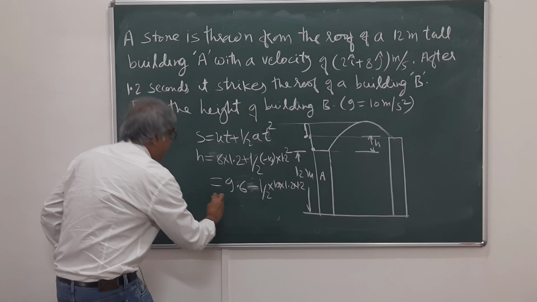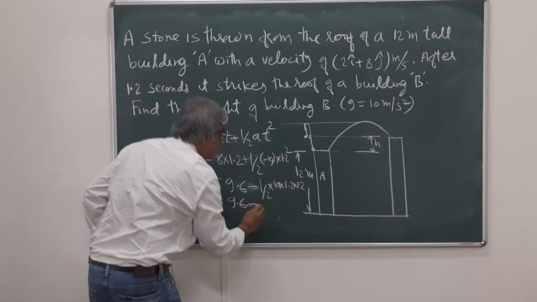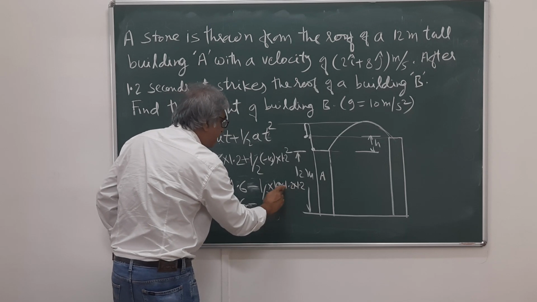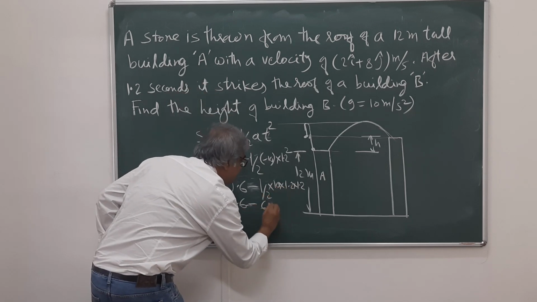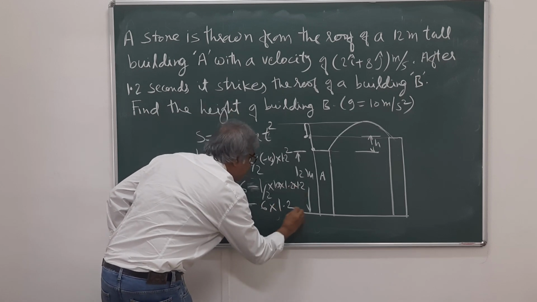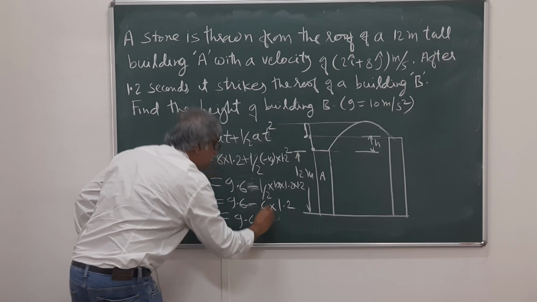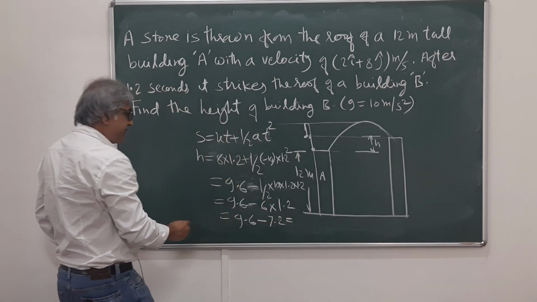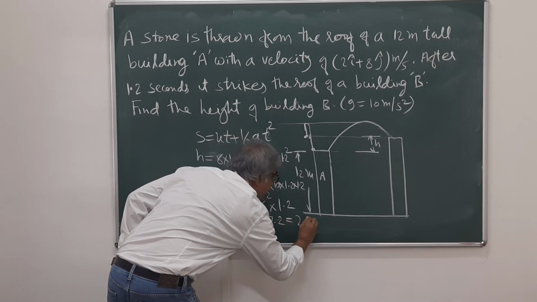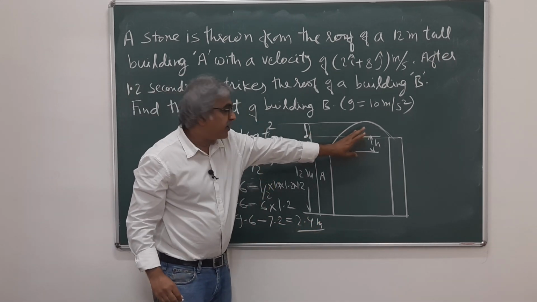Just simplifying this, it is 9.6 minus 10 into 1.2 is 12, 12 by 2 is 6, so 6 into 1.2. So you will get 9.6 minus 7.2, which is 2.4 meters. So you will get h as 2.4 meters.